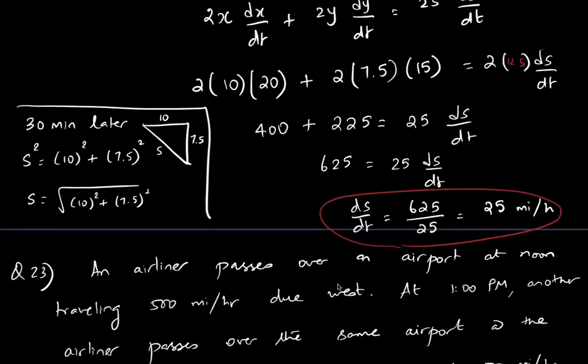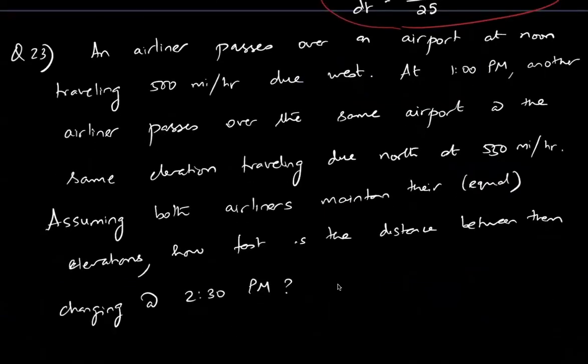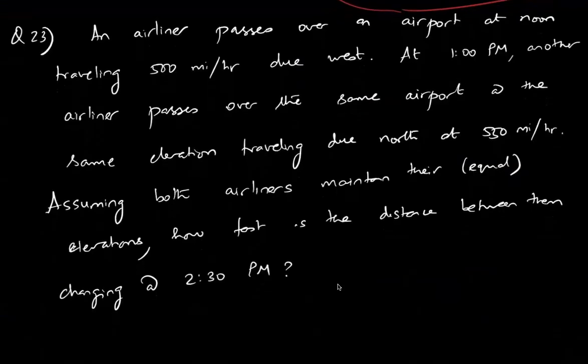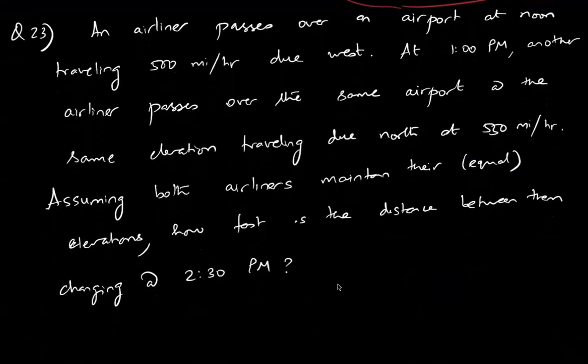Next one. An airliner passes over an airport at noon, traveling at 500. So this problem is similar to the previous problem, right? So this is traveling at 500 miles per hour west, and then another one passes the airport at the same elevation, traveling due north at 550 miles per hour.